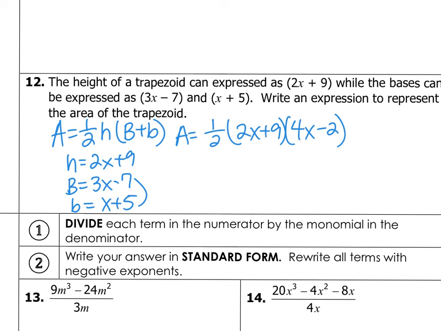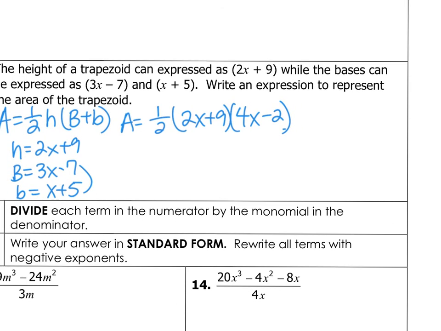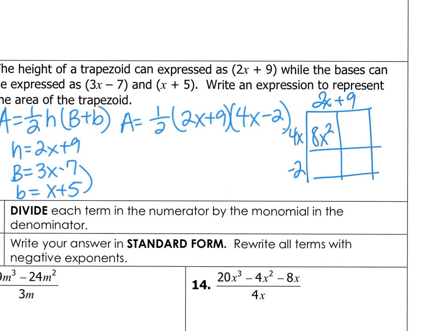Okay? Next thing I want to do, because this 1/2 would make fractions and I don't want that, I'm going to multiply out my 2 by 2 grid. So I've got 2 by 2, 2x plus 9, 4x minus 2. This would be 8x squared plus 36x minus 4x minus 18.